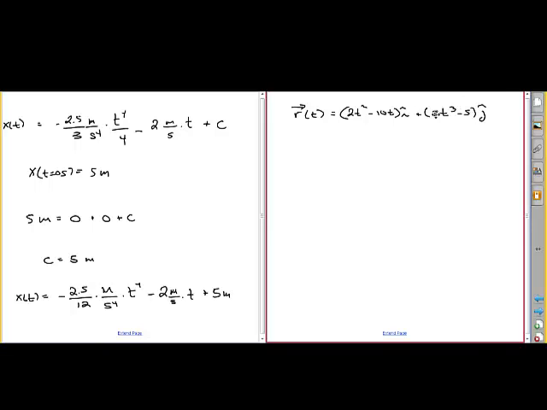Remember, i and j are the unit vectors. So this is my x direction, this is my y direction, and these are functions of time. I don't know what the heck this trajectory actually looks like. We could plot it. And again, t has to be greater than or equal to 0.